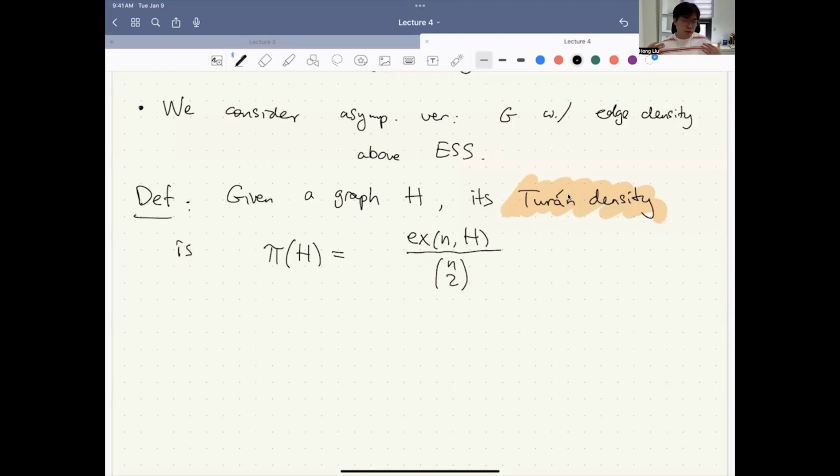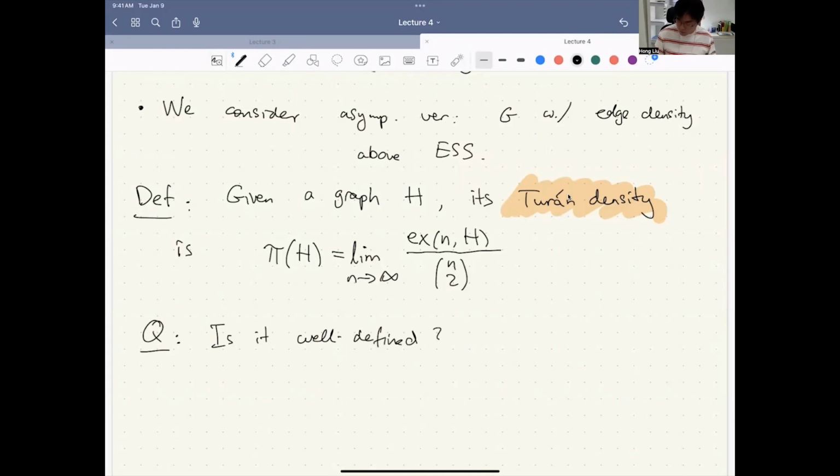If you talk about the number of edges, then the right normalization factor is n choose 2, the maximum possible number of edges. But to get rid of the little o(1) and look at asymptotic behavior, we're going to take the limit as n goes to infinity. Okay. If you see this definition, the first question is whether it is well defined. And we will see soon that the answer is yes. It is well defined, meaning this limit exists.